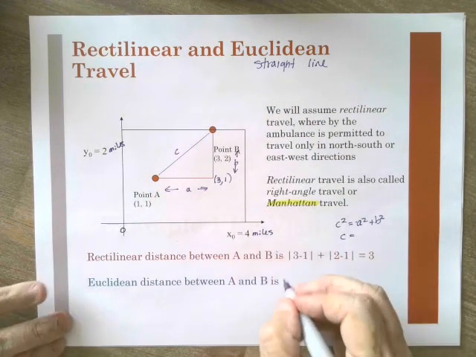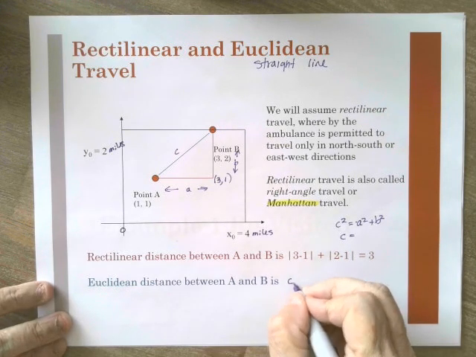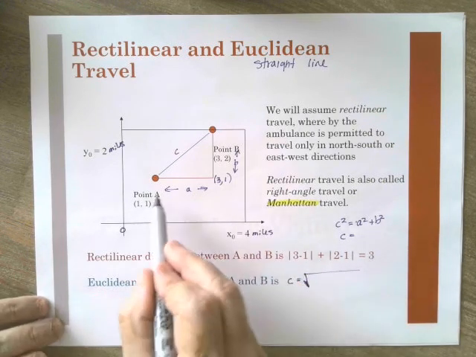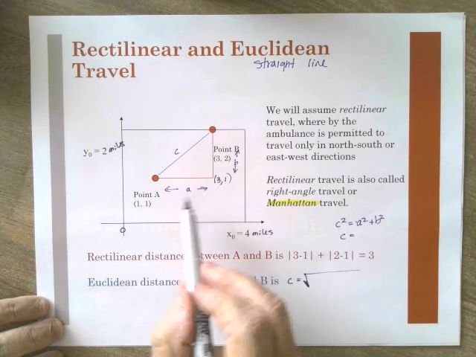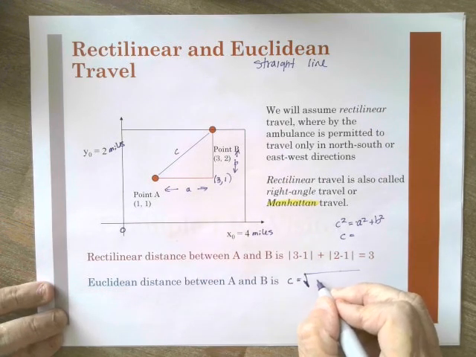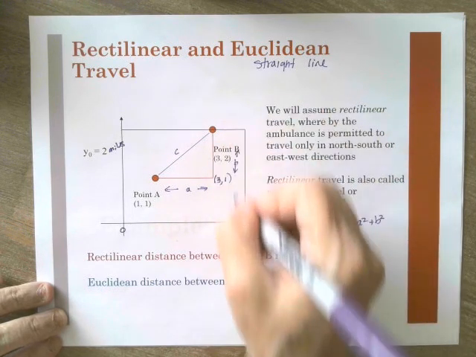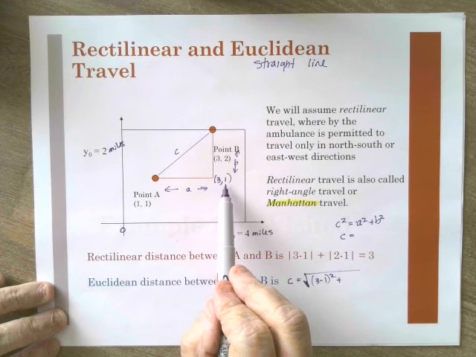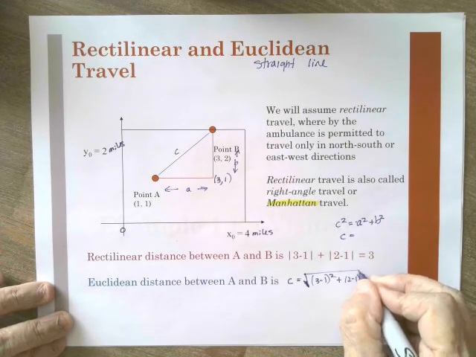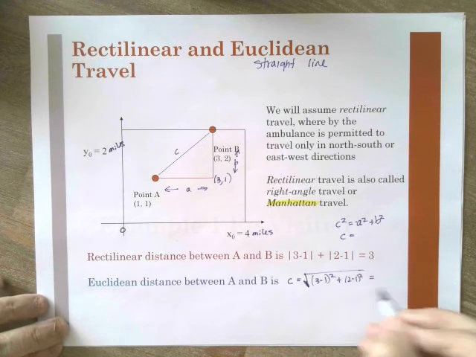And so I can see that the Euclidean distance between A and B is C, and I'm going to get that by taking the square root of this distance A squared plus B squared. So what is that? I've gone from x is 1 to x is 3, so that's 2 squared, and then my y change, I went from y is 1 to y is 2, so that's 1 squared.